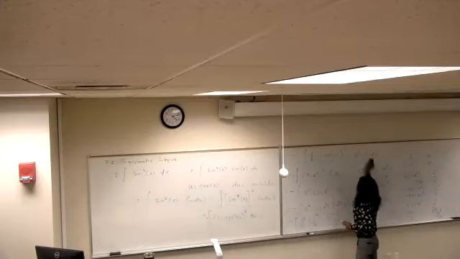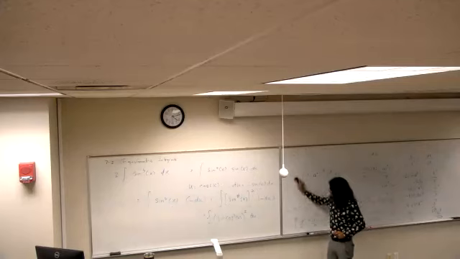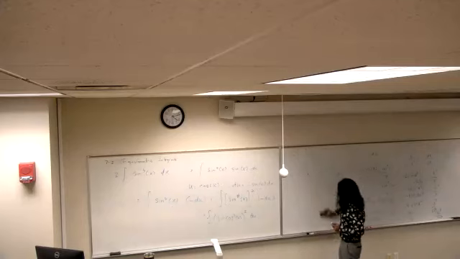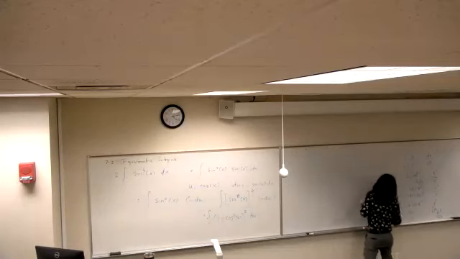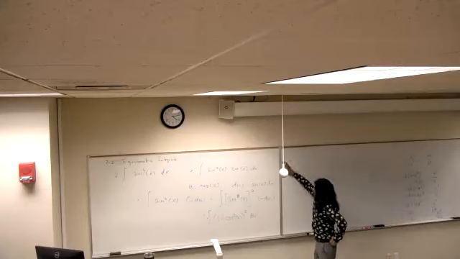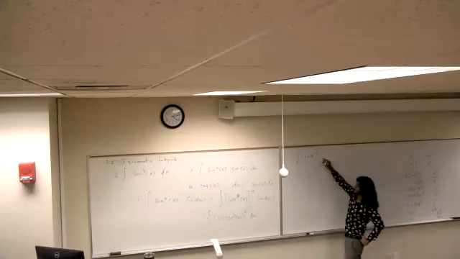From that point onward, the process is sort of similar to the previous problem. One minus u squared, square again, don't forget that part.